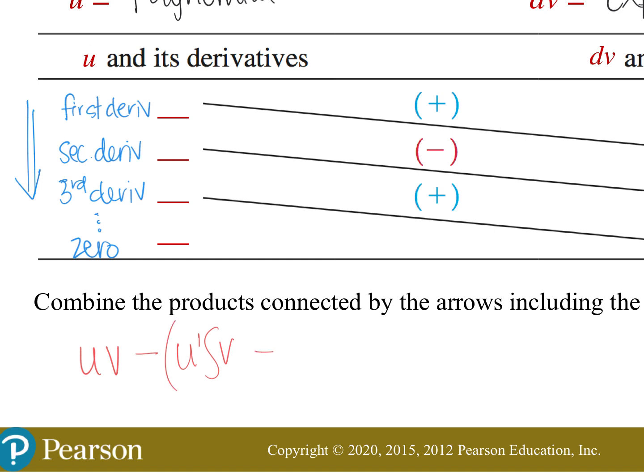And then you have another minus, and that will be your u double prime paired with the second antiderivative of v. So there's the first minus and the second minus, and there's actually a parenthesis in front of that. And then you'd have another minus, and you'd have a u triple prime paired with a triple integral of v, but there's a parenthesis in front of that.